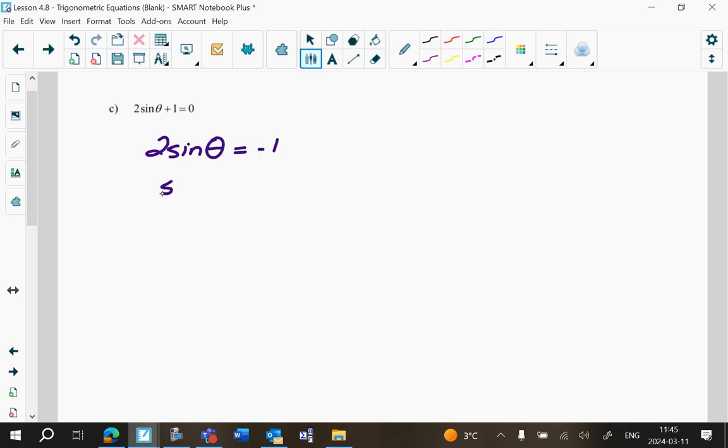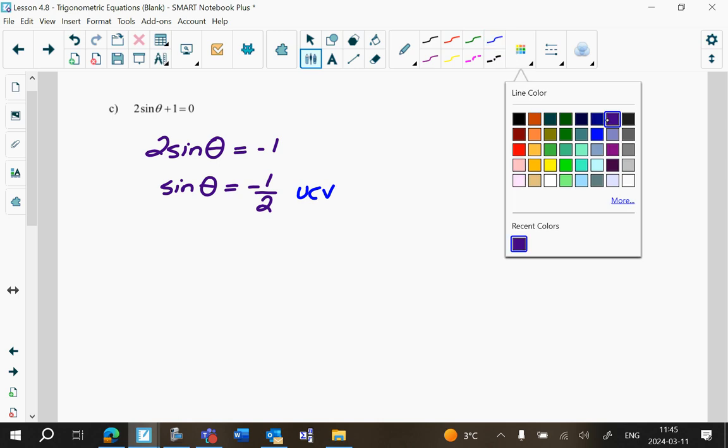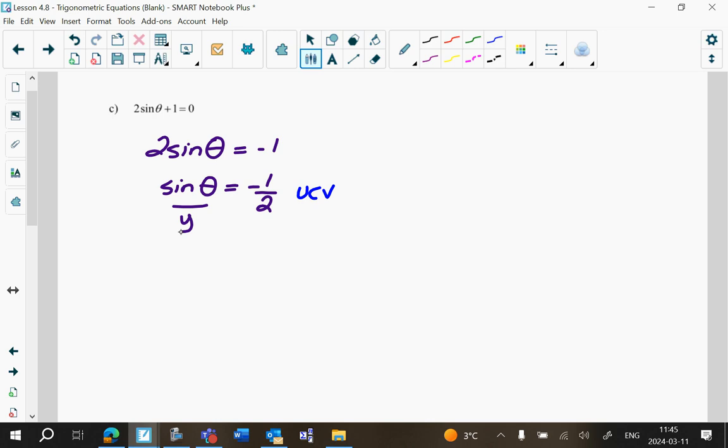Divide by 2, so I get sine theta equals negative 1/2. Short or long way? Short, because it's a unit circle value. So I'm thinking the y coordinate is negative a half. 210 and 330. Nice.